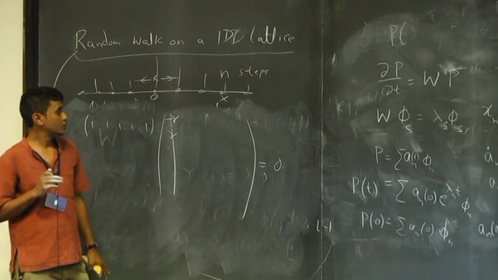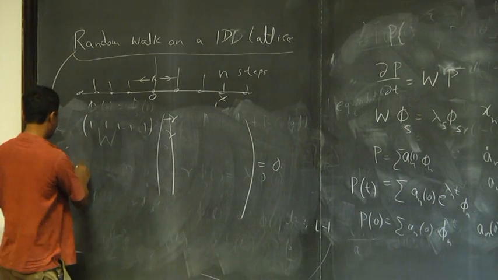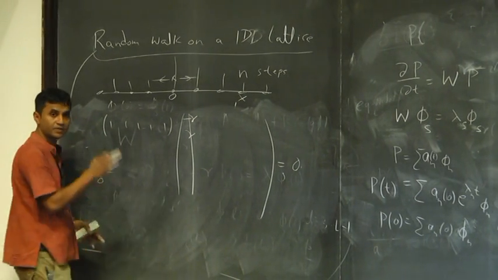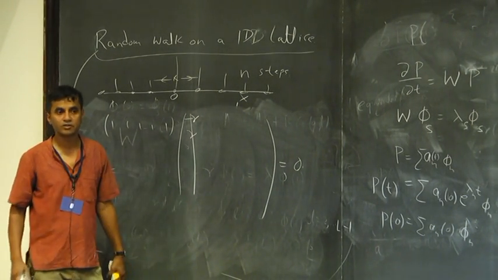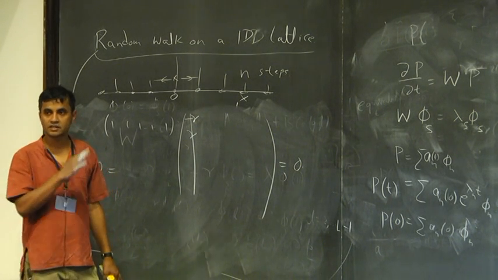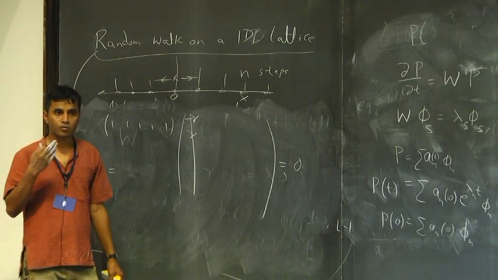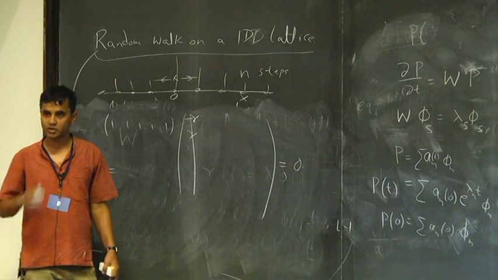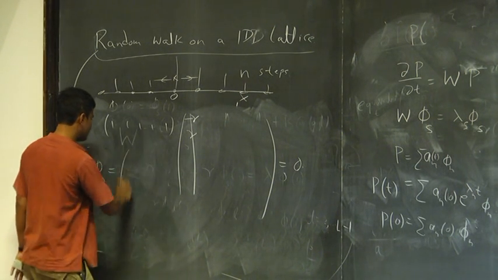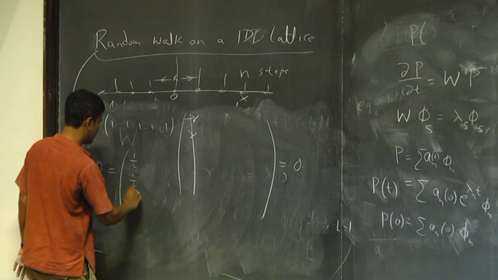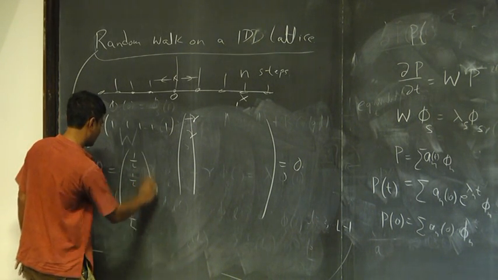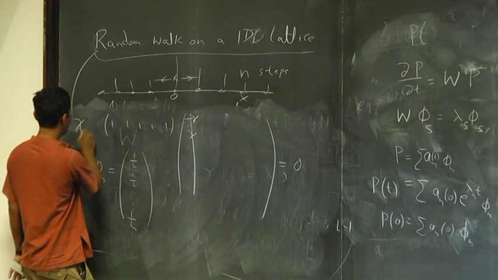Okay, so corresponding to this, we also found a phi 0 which is 1 1 1. That's a rare case, usually it's not constant, but in this case it's always 1 1 1, and if you normalize it, it's just 1 by L, because there are L sites. So this phi 0 is 1 by L, and chi 0 is this.